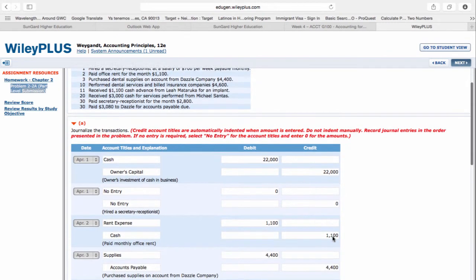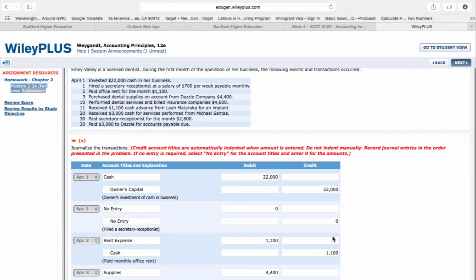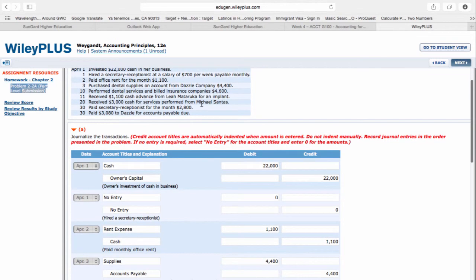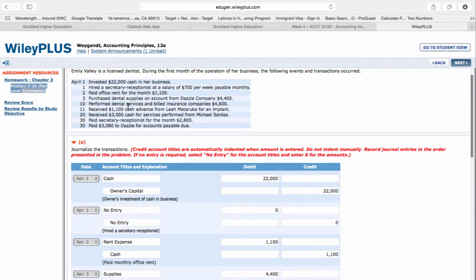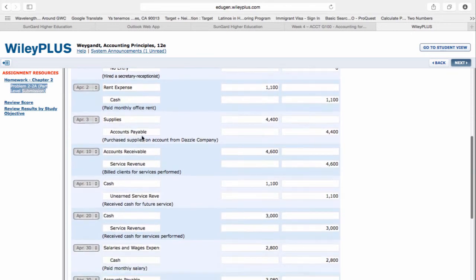That is just a way of us checking that you are paying attention and that you're not just journalizing for the sake of journalizing, because you have to make sure that you review that some of the transactions cannot be recorded because they do not involve money transferring from one place to another. And you're going to be continuing to do that for each of these transactions here. You're going to be journalizing them.